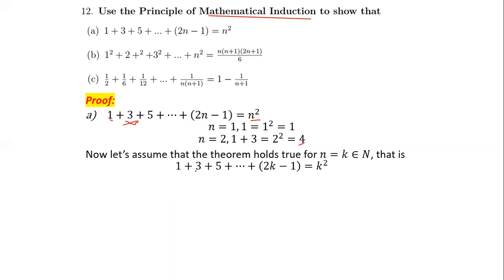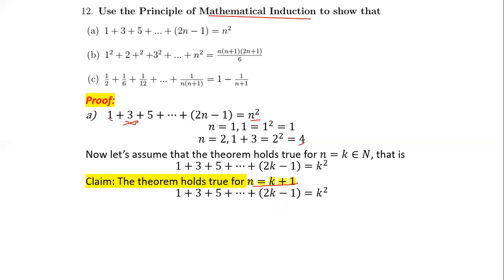So in this case, this theorem, or simple expression, could be written in this form. Then our claim will be, what will happen, is the theorem also true for the next natural number, n equal to k plus 1 or not. So we have to check this one.